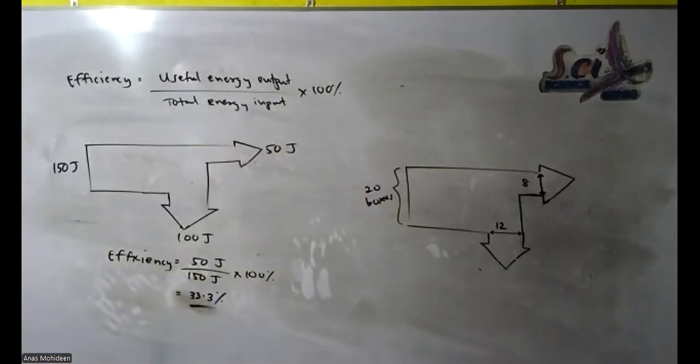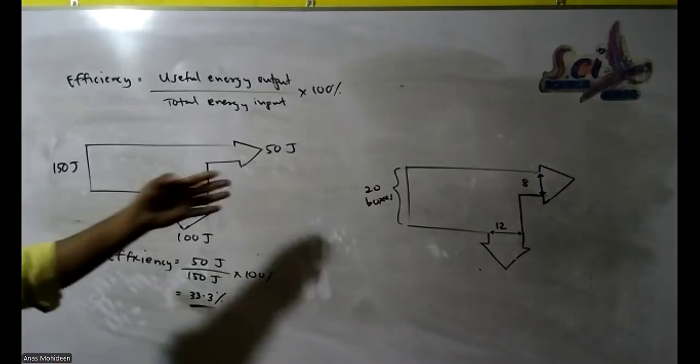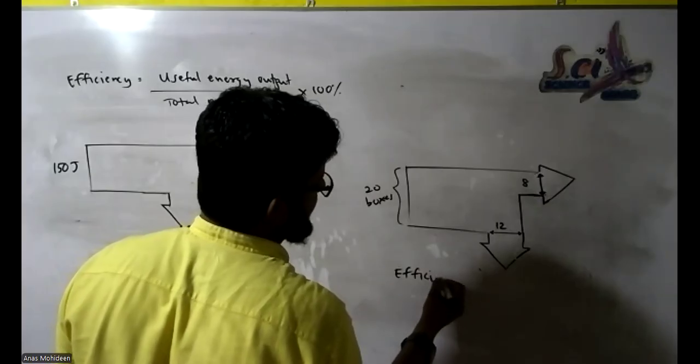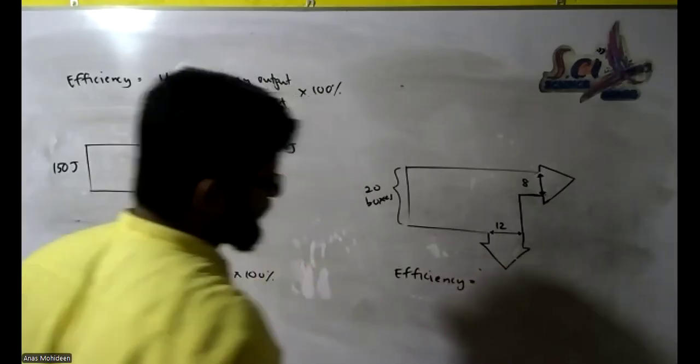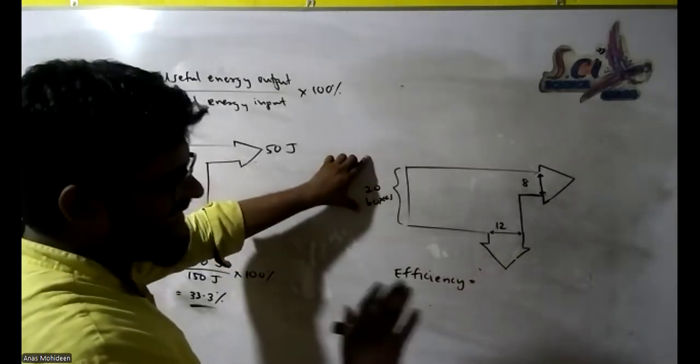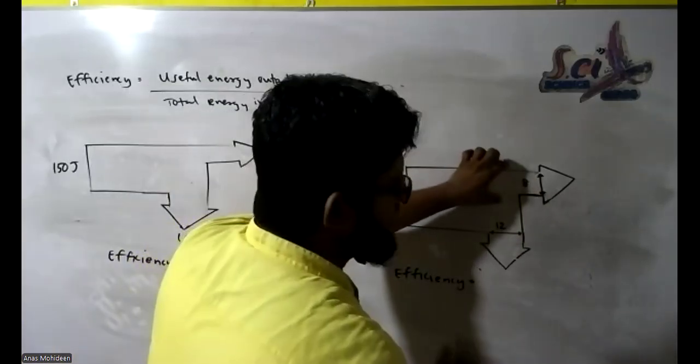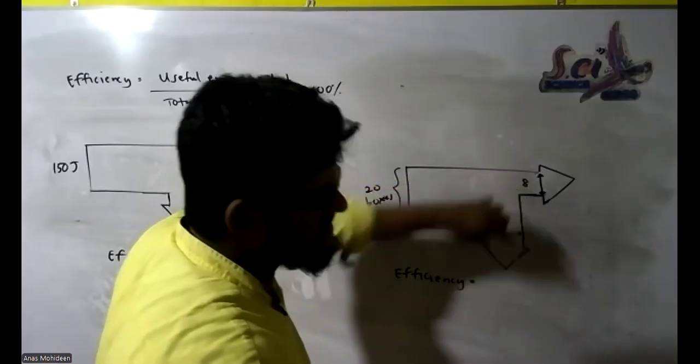The question asks you straight away, without giving any other units, to find out the efficiency. What are you supposed to do? Efficiency is equal to these 20 boxes, which indicate the total energy input rate. 8 boxes are the useful energy, and 12 boxes are the wasted.